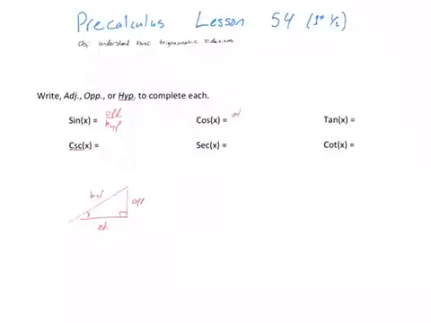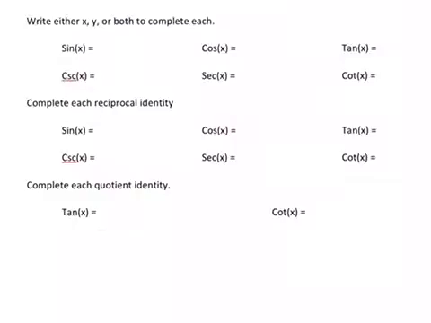Cosine is adjacent over hypotenuse. Okay, and you can finish these on out. Secant is the reciprocal of the cosine, so this is going to be the hypotenuse over the adjacent. Okay, and you can go and just finish filling those in.